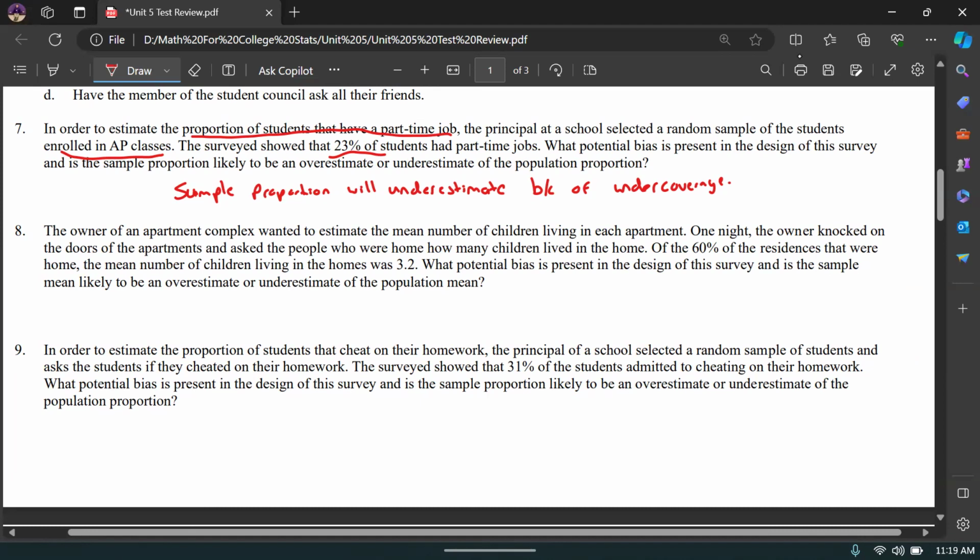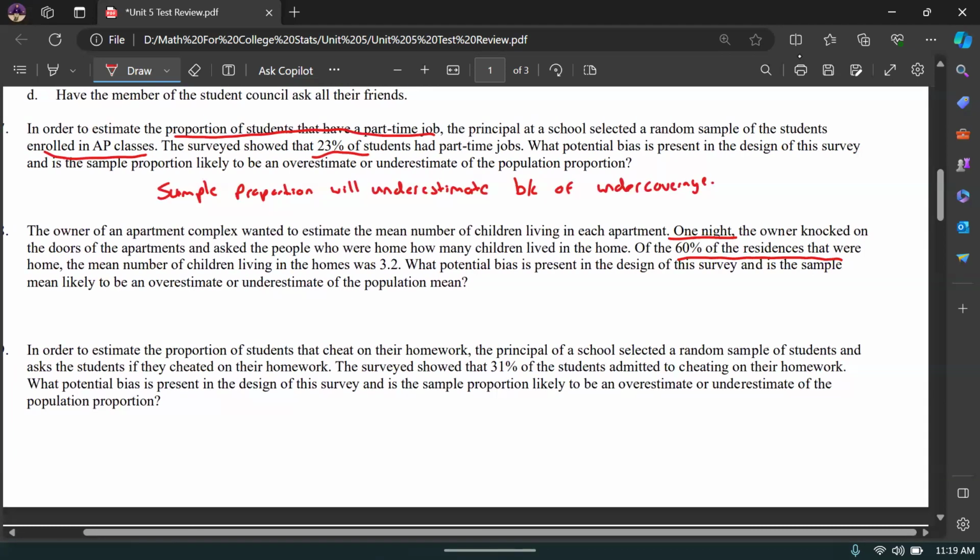So it's at night, right? They're going around and asking the people if they have children in their home. Now, 60% of the residents responded, which means, I'm just going to make a little note here, that 40% did not respond, because maybe they weren't home.